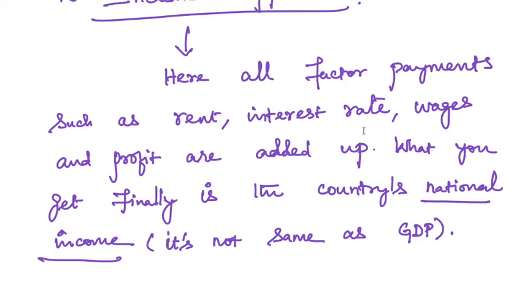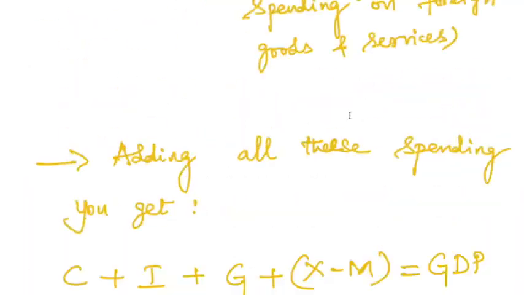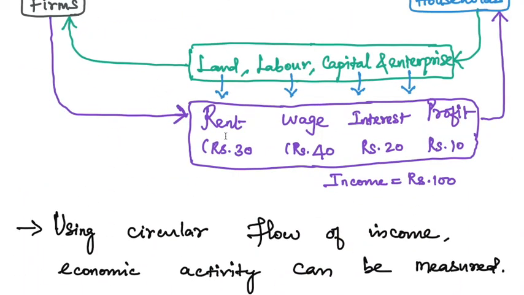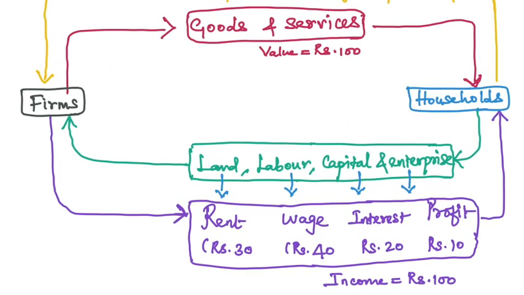Again, this is written in purple color, and this is the same as this part in the circular flow of income. So rent, wage, interest, profit. These are the factor payments for the factors of production that you are giving to firms to produce goods and services.